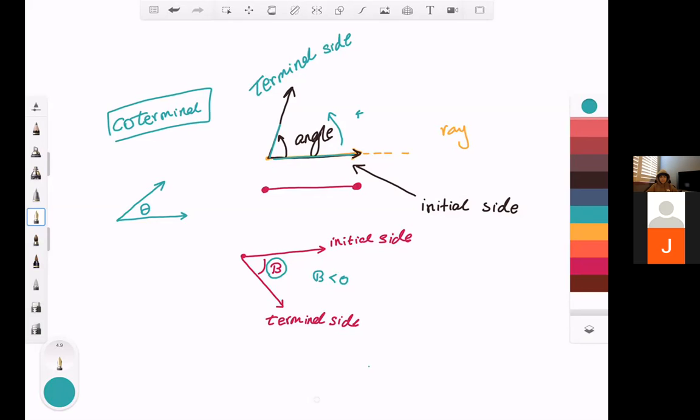So this is the initial, and that's the terminal side. If I make another one, initial always is like this, all the way back to this one, that's a possible angle, correct? Like a 400. Then theta and alpha will be coterminal. That means they are sharing the initial side and terminal side.